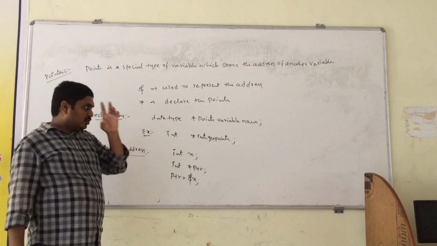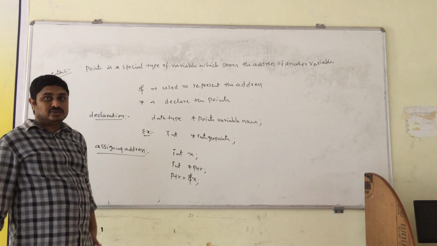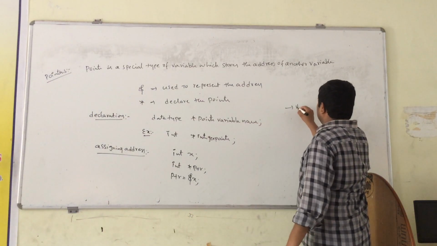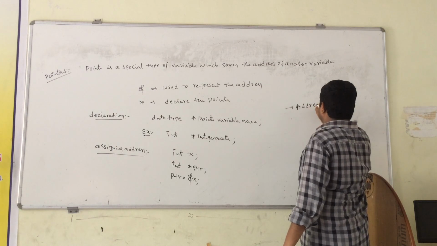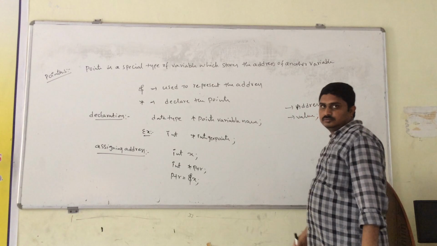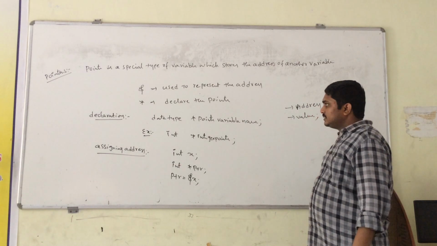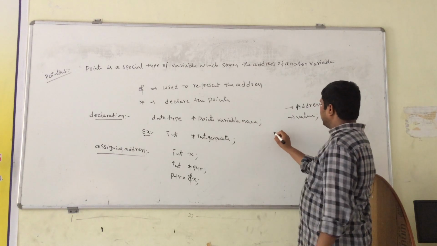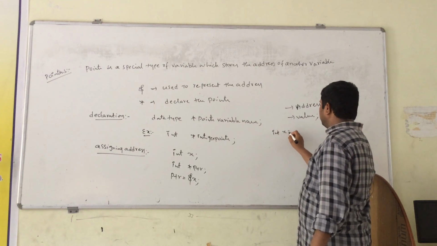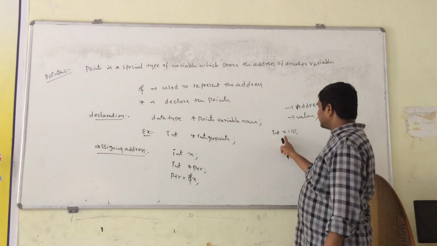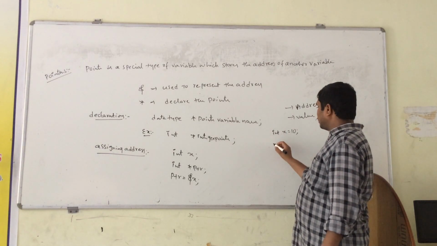With the pointer we can access two things. First one is the address, second one is the value. For example, if there is a variable int x equal to 10, I am storing the address of x into the pointer.